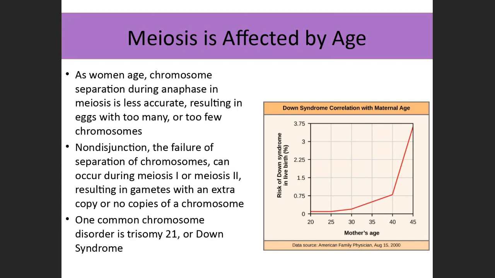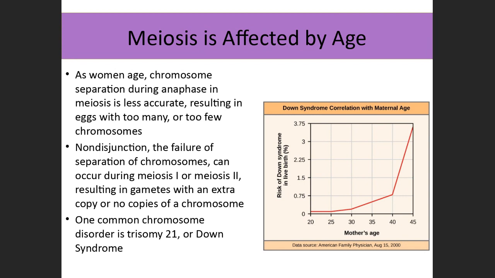So when females are born, they are born with all of the eggs they will ever have in their life. So those eggs are developed in utero before you're even born. There's like 100,000 eggs or something like that. And some of them may begin to go through meiosis and then kind of pause and not finish meiosis until later.